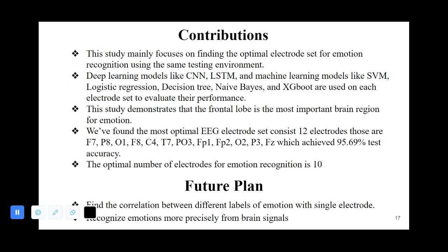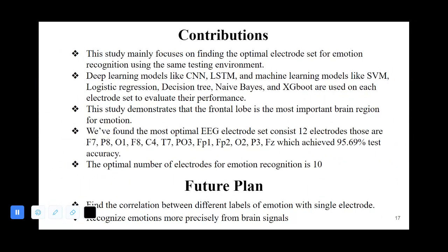We have found the most optimal EEG electrode set consists of 12 electrodes. Those are F7, P8, O1, F8, C4, T7, PO3, FP1, FP2, O2, P3, FZ, which achieve 95.69% test accuracy. The optimal number of electrodes for emotion recognition is 10.